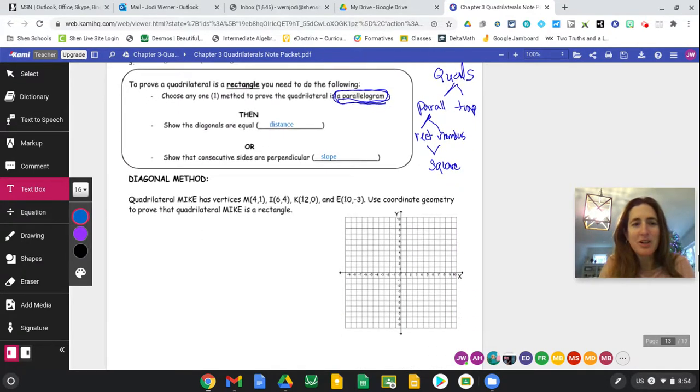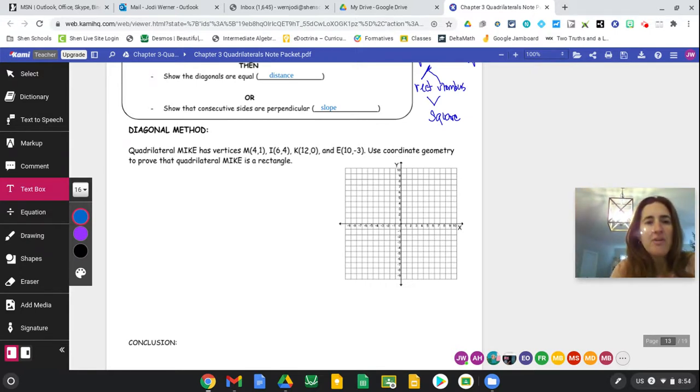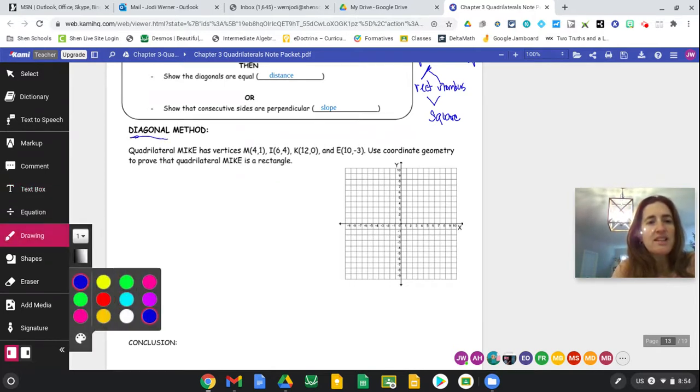Let's look at the diagonal method first. I'm going to show both methods: the diagonal method to show something is a rectangle, and then the slope method. It says quadrilateral Mike has such and such vertices, and use coordinate geometry to prove that Mike is a rectangle. If I'm using the diagonal method, the easiest way is to use the midpoints of the diagonals to show that the two diagonals share a midpoint, making it a parallelogram.